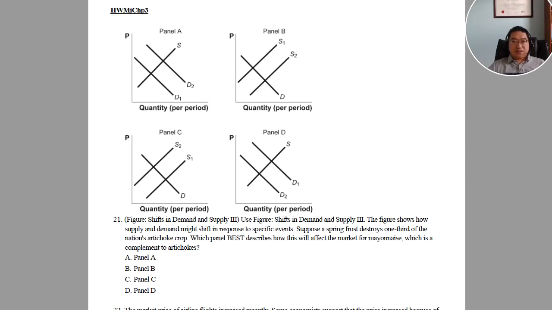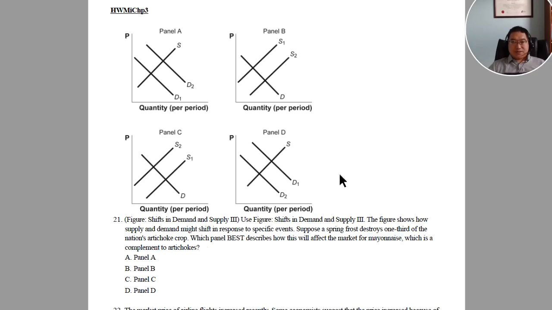See, the whole thing is not only about artichoke, but also mayonnaise. You can dip artichoke into mayonnaise to eat, so mayonnaise is a complement to artichoke. Now we have to think about this.